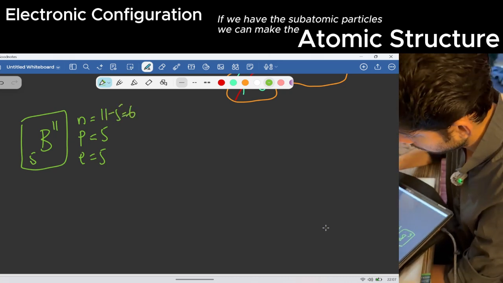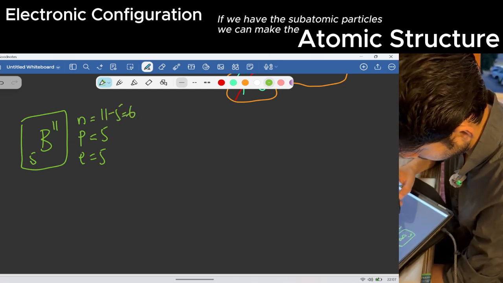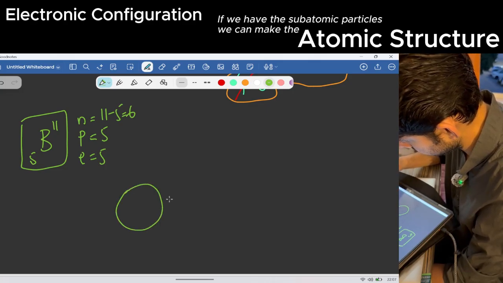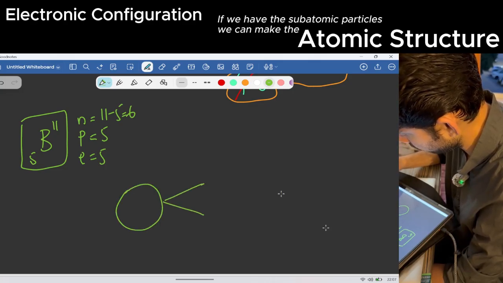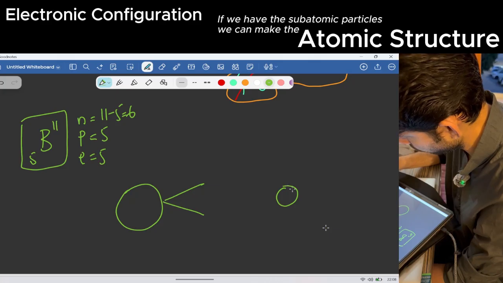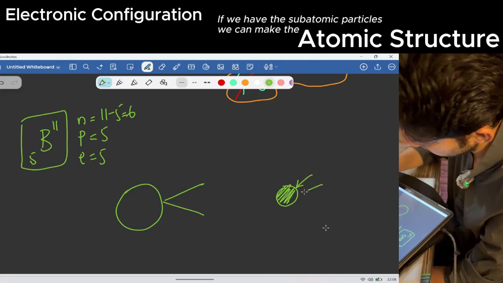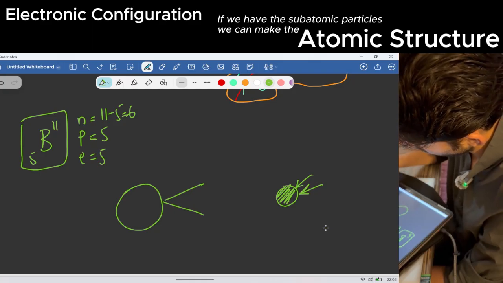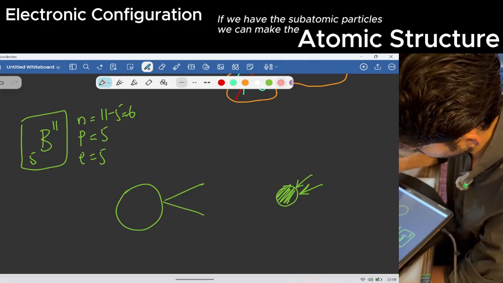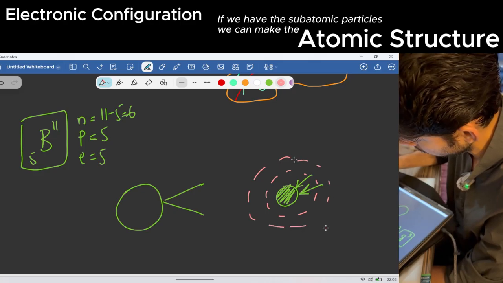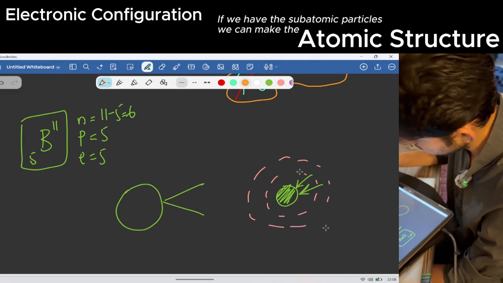Now as we know, the atomic structure is such that we have a nucleus in the center where we have neutrons and protons inside the nucleus, and then we have a lot of orbits around the nucleus, and in these orbits we have our electrons, right?